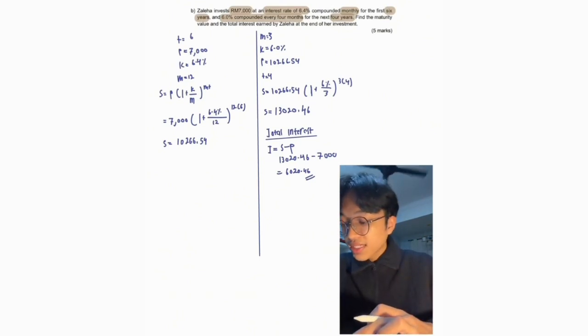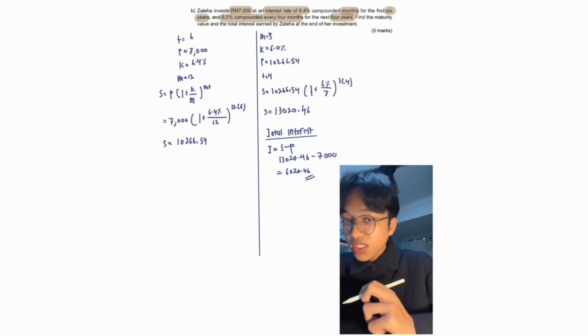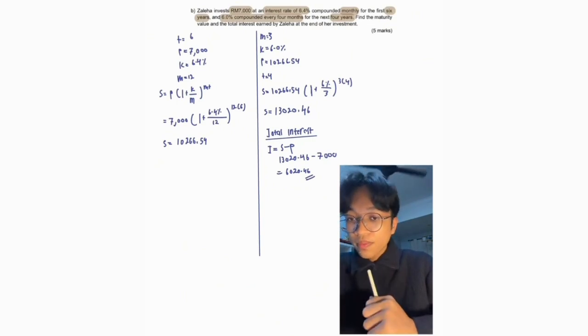Okay, for the first 6 years, the T is 6, the P is 7,000, the K is 6.4% and the M is 12. Insert the numbers in the formula and we get 10,266.54. Okay, for the next 4 years, the M is 3, the K is 6%, the P is 10,266.54, and the T is 4.